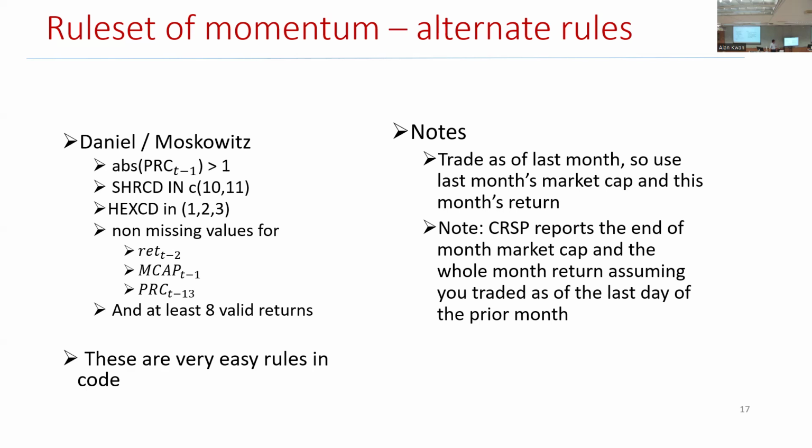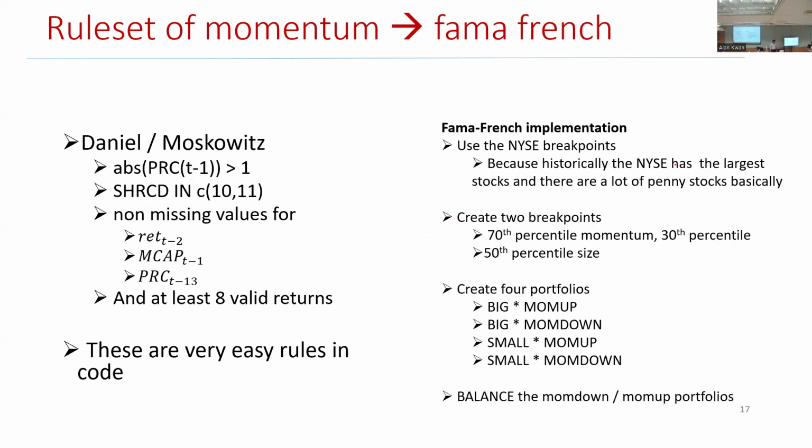Now, the reason why I picked this implementation, in addition to this paper making a really interesting observation about momentum, which we'll talk about next class, is that it's a little easier than some other ways that people have implemented it. So if you look at the Fama French implementation, they put out the Fama French 3-factor, 4-factor, 5-factor model.